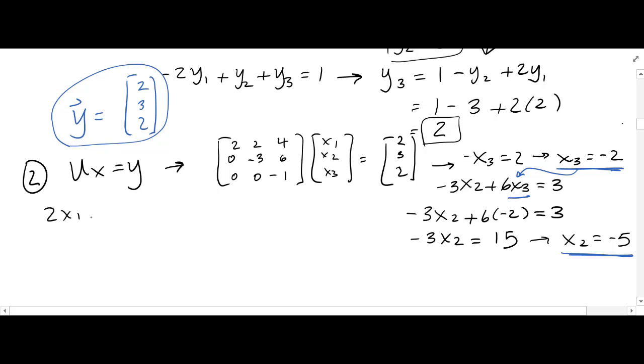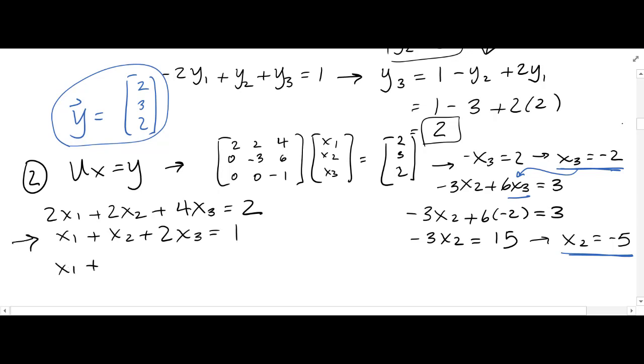So for the last equation, we get 2x1 plus 2x2 plus 4x3 equals 2. And we can use x3 equals negative 2 and x2 equals negative 5 in this equation to solve for x1. So if you divide everything by 2 in this equation, that'll simplify it a little bit. You get that. So plugging in some numbers, you get this.